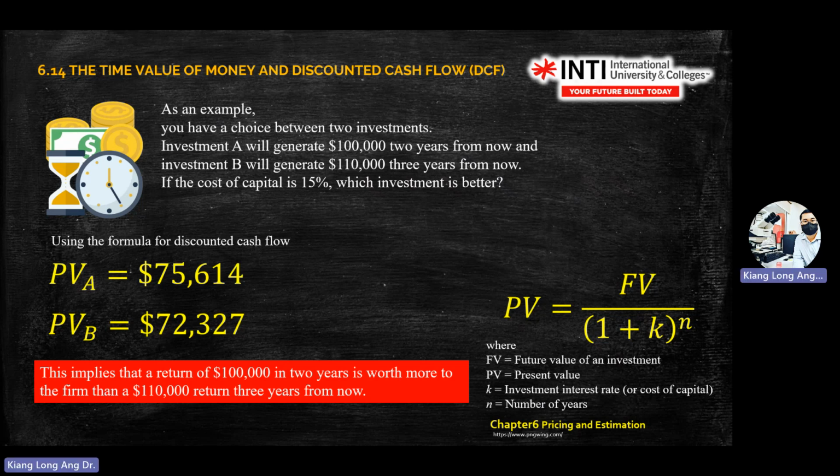But if you invest 72, you only get 10,000 more if you wait 1 more year. So if you drag this one to 1 more year, or to 2 years or 3 years, you actually get more. If you drag the same duration, you get more for case A.